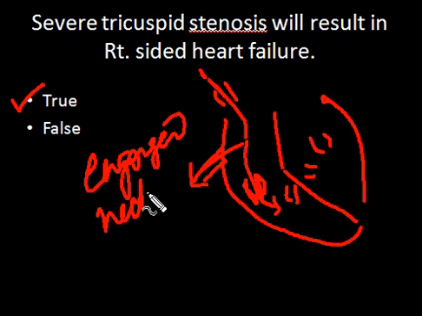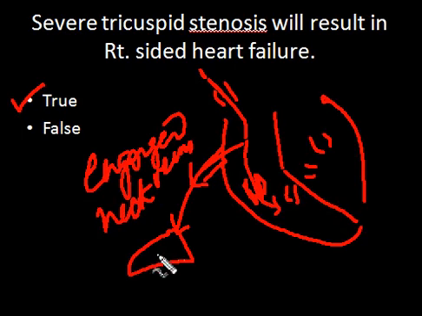And the inferior vena cava is bringing blood from the lower part of the body, from all the organs in the abdominal cavity. So the liver will be enlarged, because blood from the liver cannot drain into the inferior vena cava.